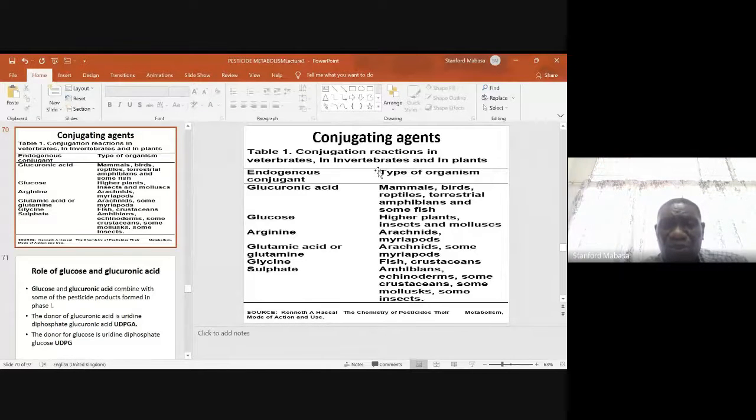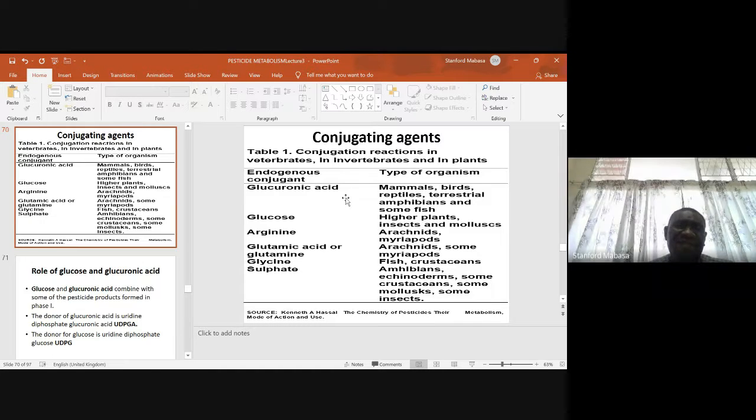I just want to move on to talk about other conjugating agents which are found in living systems. We have glucuronic acid. It looks like glucose. Instead of having the alcohol, we have the acid on the sugar molecule.